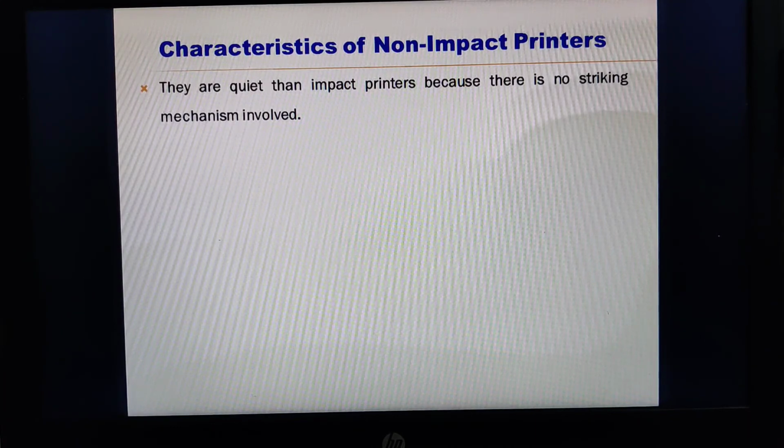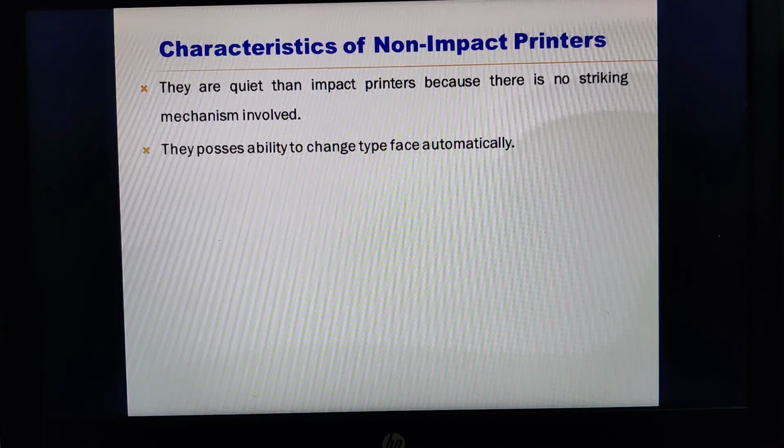As I said earlier, there is no striking mechanism, so definitely they are very quiet. And they support different fonts and sizes. We say that they have the ability to change typefaces automatically, meaning they will help you change the different fonts and the different colors.